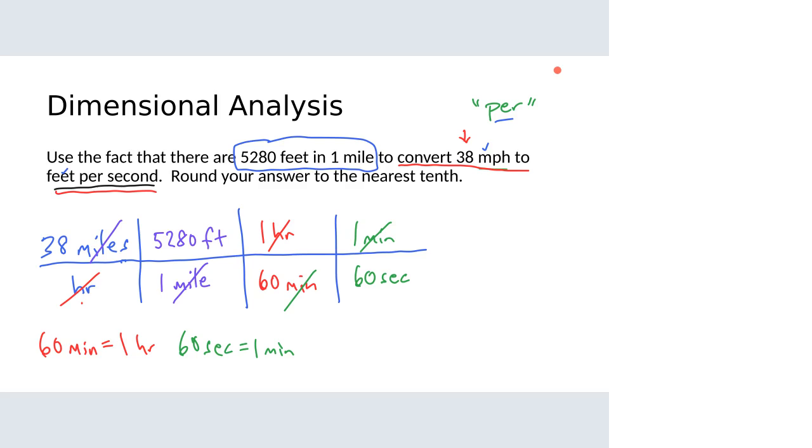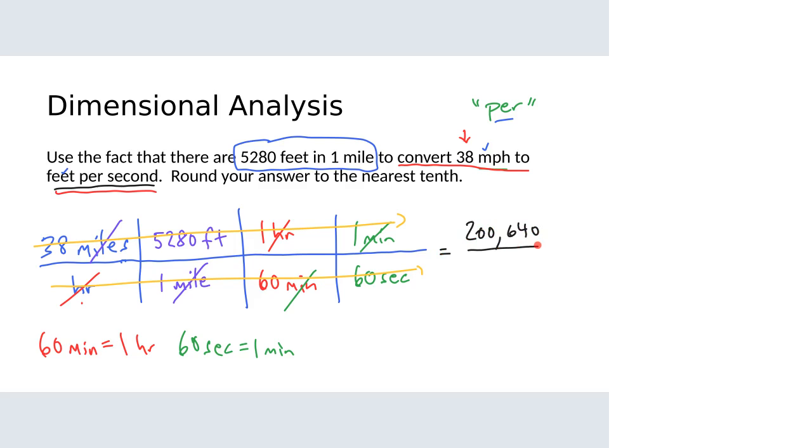Now I'm to the place where I need to multiply across the top, multiply across the bottom, and then divide. So let's do that. 38 times 5,280 times 1 times 1. This number by itself doesn't really mean a whole lot. It's 200,640.